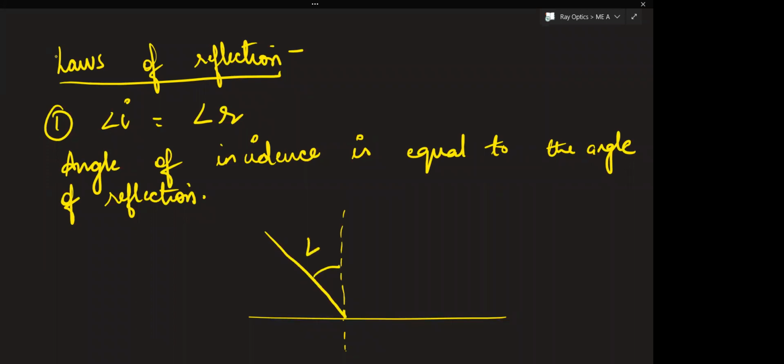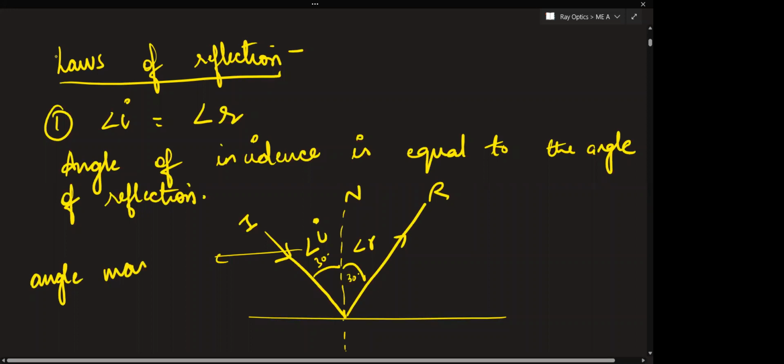Angle of incidence is the angle that the incident ray makes with the normal. This is your incident ray, this is your normal. This is the angle of incidence. If this angle is, let's say, 30 degrees, for example, and this is your reflected ray, the angle of reflection is the angle that the reflected ray makes with the normal. This will also be 30 degrees.